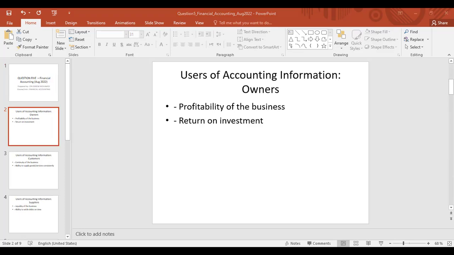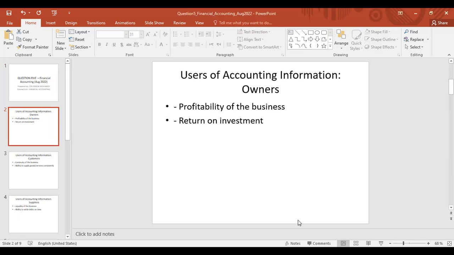If the business has a higher net profit, then the going concern might be long because you are making a profit. That is the information they require as the users of the accounting information, so that they can know whether they are making a profit or not.